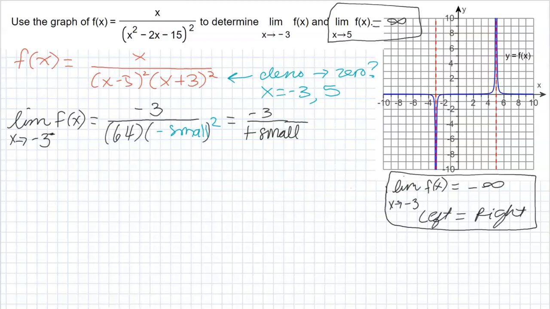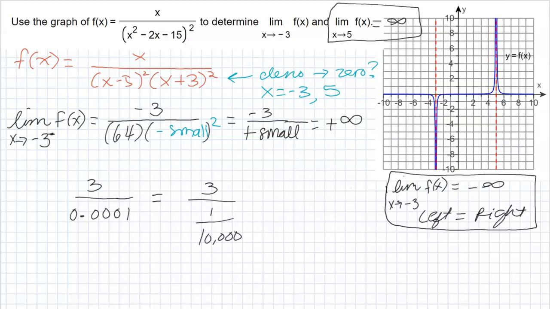So we will have then negative divided by positive is negative. 3 divided by a small number is going to be big. For example, 3 divided by 0.0001, right? Now, this is 3 divided by 1 over 10,000, right?